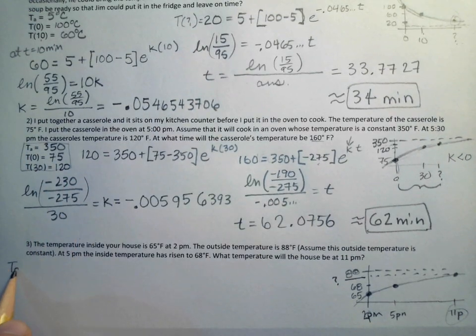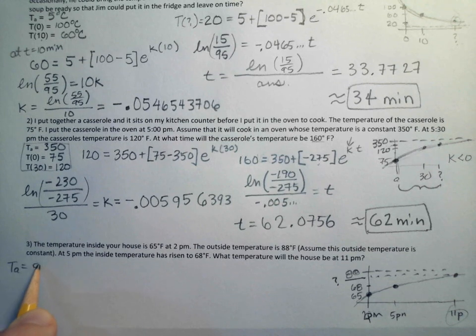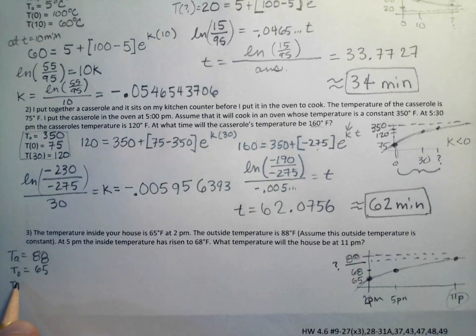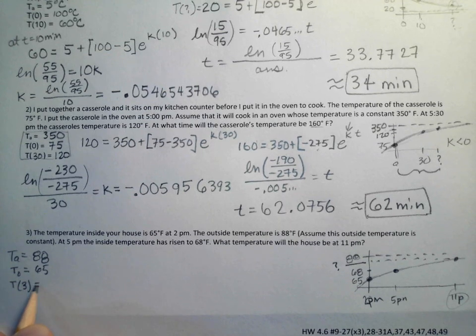So the ambient temperature, 88 degrees. The initial temperature at time 0, that's 65 degrees. The temperature 3 hours later, so T of 3, is 68.